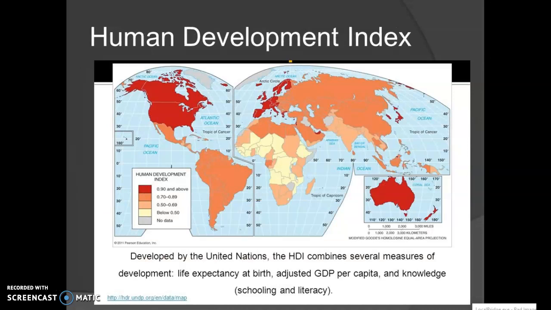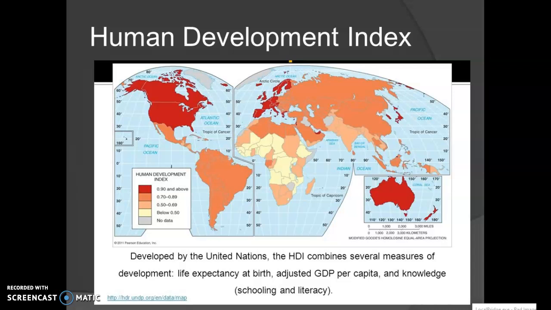Another way to look at this is the Human Development Index, again another United Nations program that looks at some of the things that go into making a quality of life, right? How long can you expect to live? What kind of standard of living might you have? And what's your knowledge? Where do you get to go to school? Is your country very literate?